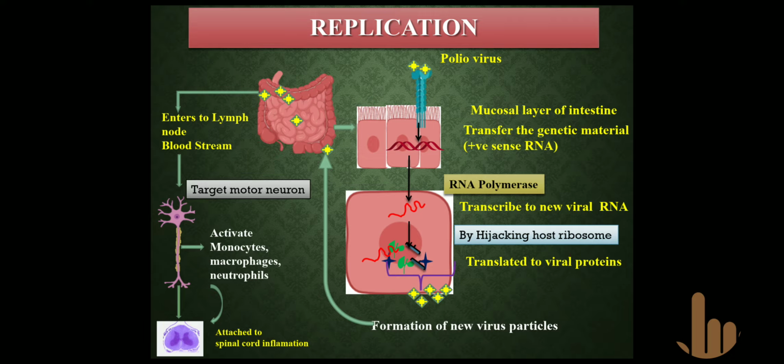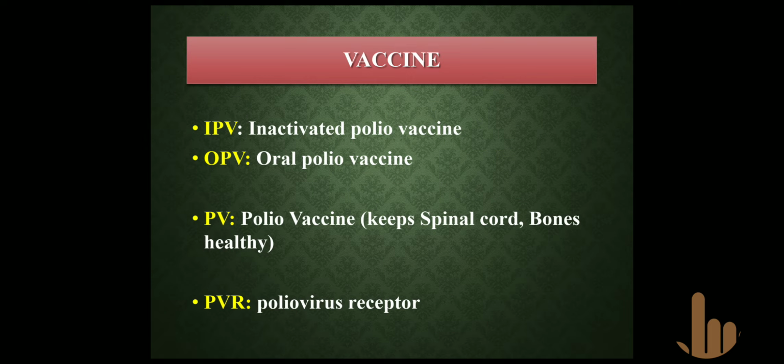So basically in this way poliovirus enters our body, replicates, and then targets different parts of our body.